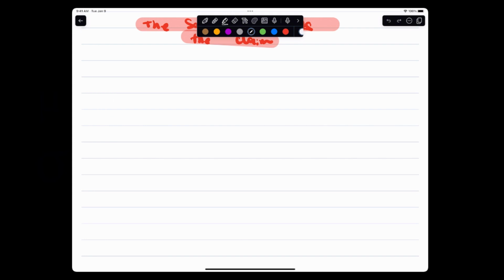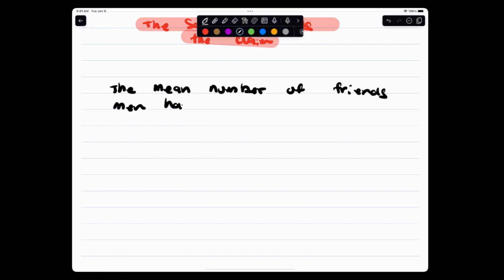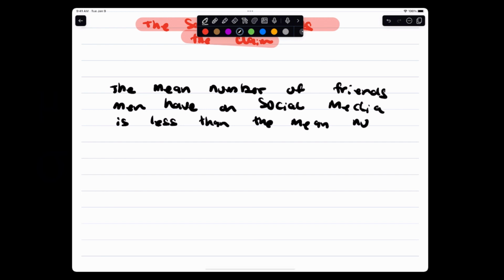We'll say this, right? The mean number of friends men have on social media is less than the mean number of friends for women, as claimed by Snodgrass, okay?